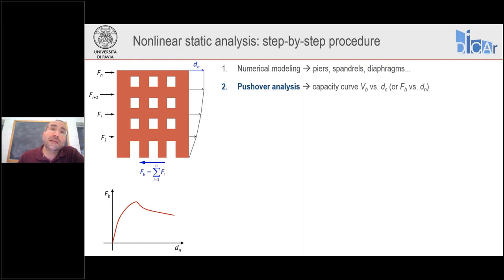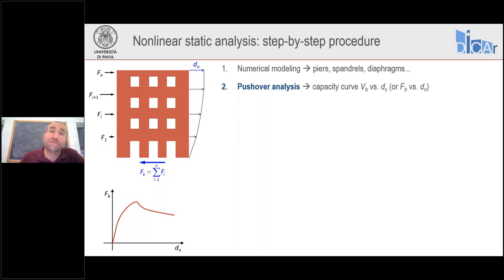You should also have already seen something related to this second step, which is how to carry out the pushover analysis. That is, how to determine the capacity curve of the structure in terms of base shear and displacement of a control node, DC, usually located at the roof, at the nth floor of the structure, and for this reason also identified as D sub n in the ERGOCAD.